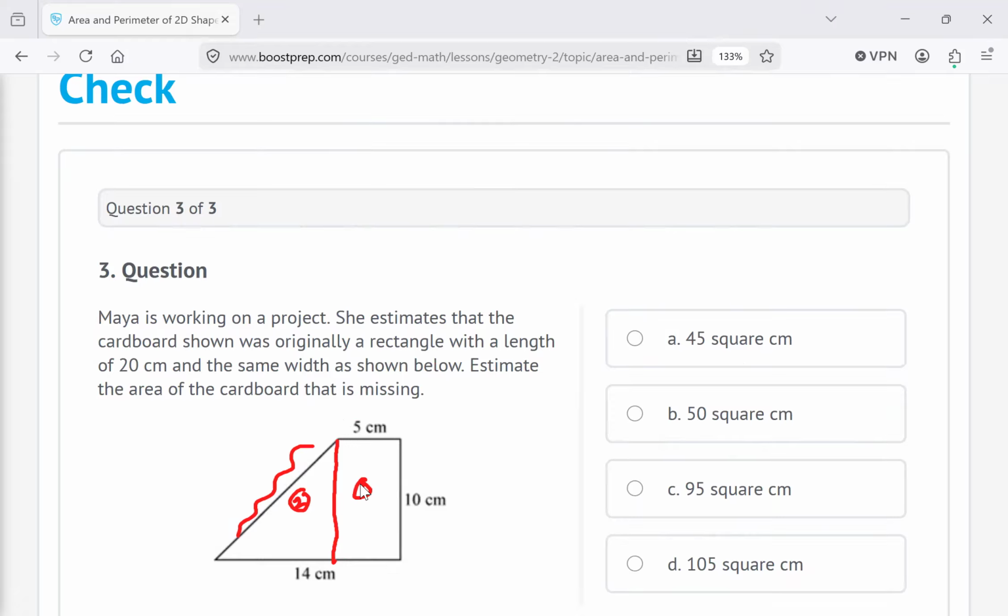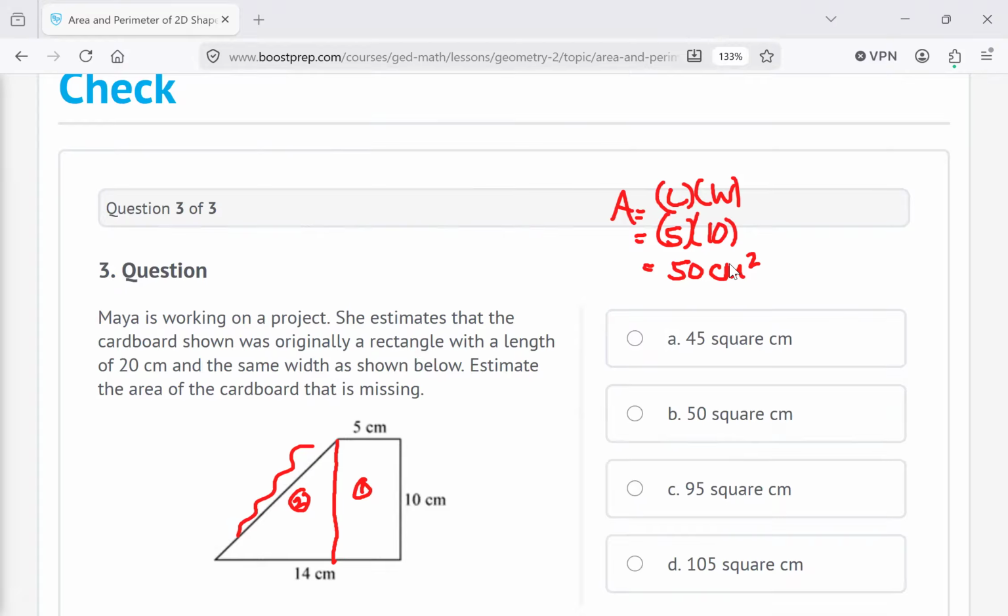Basically if you add up shape one and shape two, you've got your entire area, right? So we're not asking for perimeter, we're asking for area. So let's start with the rectangle. The area of a rectangle is length times width, and my length is 5, and my width is 10, or 10 by 5, same thing, which is 50.